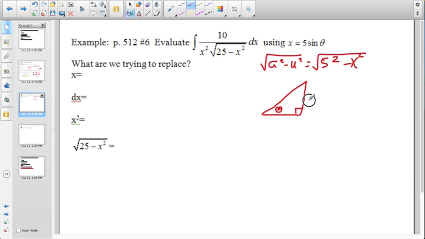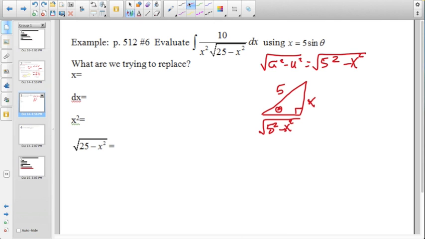Wherever we define theta, we want the variable of integration to be opposite that angle. So we have the variable of integration here. This tells us what our hypotenuse is, so our hypotenuse is 5, and that leaves the adjacent side to be the square root of 5 squared minus x squared.